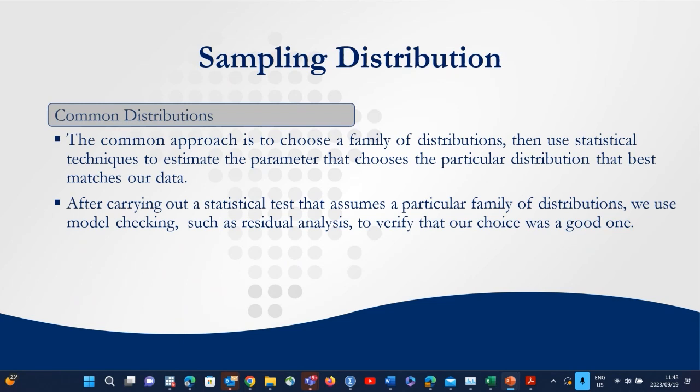For example, if I say my variable is normally distributed, maybe it's weight, then I'm using maybe the t distribution because I'm doing something around the mean, the average weight. Then I can always check afterwards whether my assumption that the weight is normally distributed holds. So I can do my analysis and then afterwards check if my choice of the distribution was good.